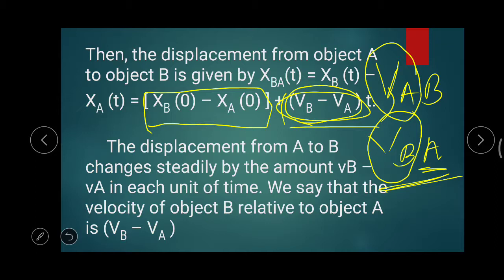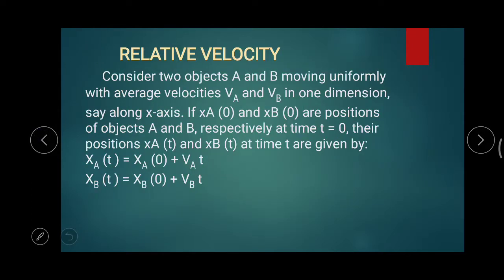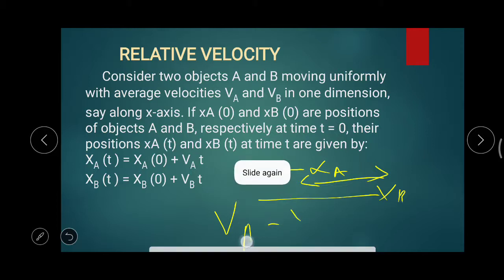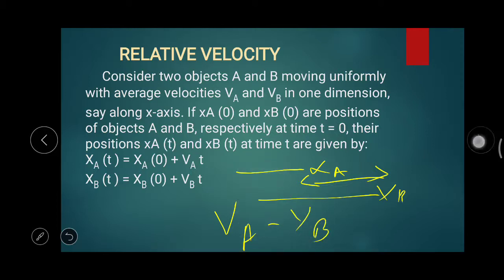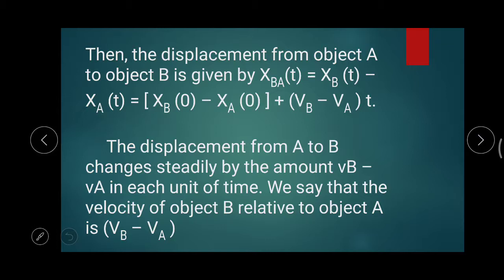That means the displacement between A and B after a particular time interval changes with the velocity VB minus VA. This displacement, which was XA and XB, changes with the velocity VA minus VB, and that is known as the relative velocity, or VB minus VA.